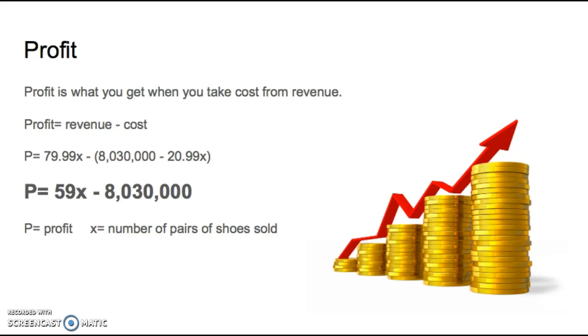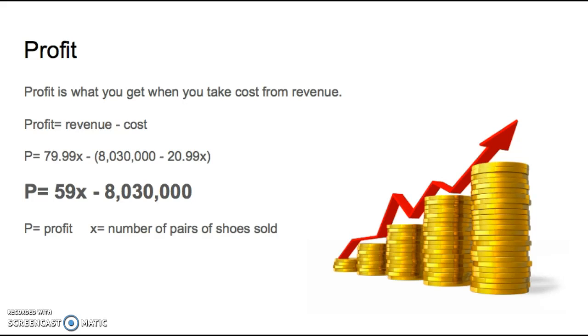In order to simplify this equation, we must combine our like terms. Our like terms in this case are 79.99x and negative 20.99x. We can combine these to create 59x. It is simply 79.99 minus 20.99.